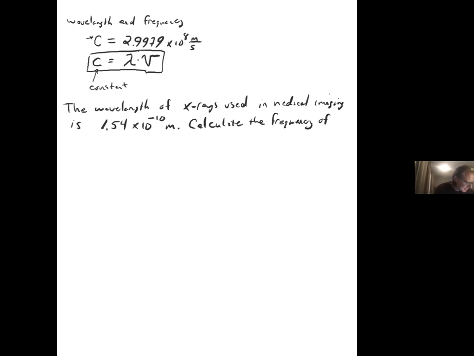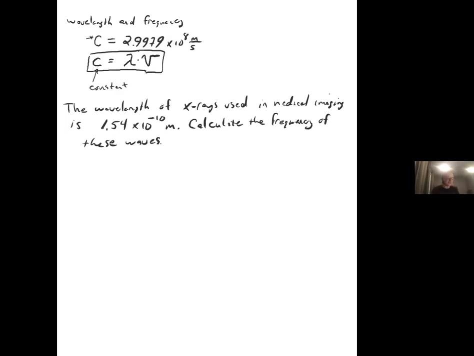Right? They're X-rays, so they've got to be waves. And if they are electromagnetic waves, they have a wavelength, which is some measure of how big they are. And they have to have a frequency, which is a measure of how quickly they're vibrating. Okay? The relationship is very simple.